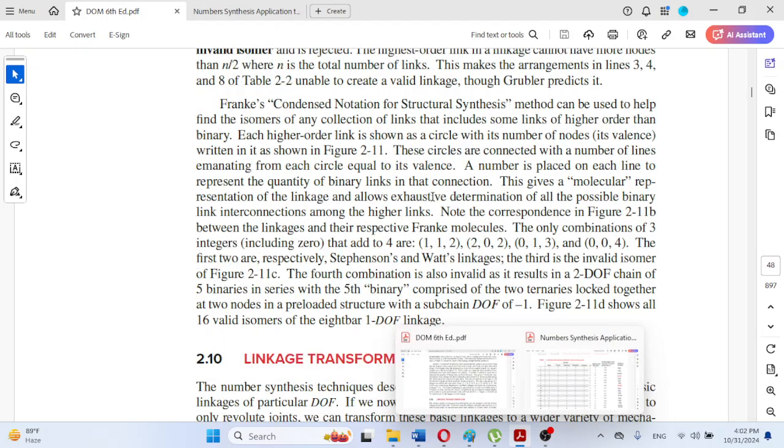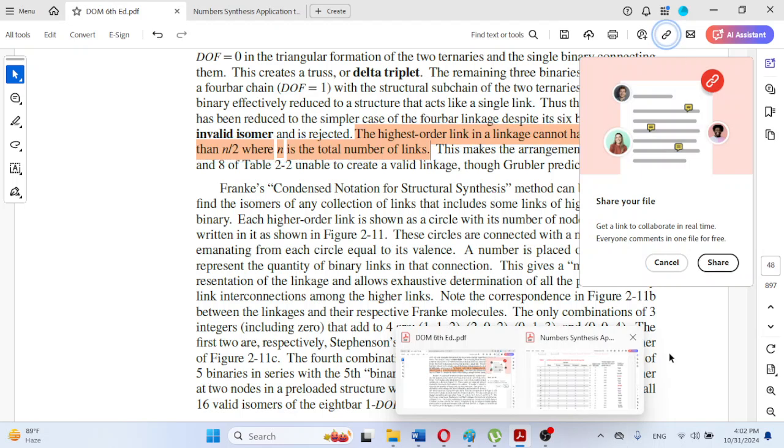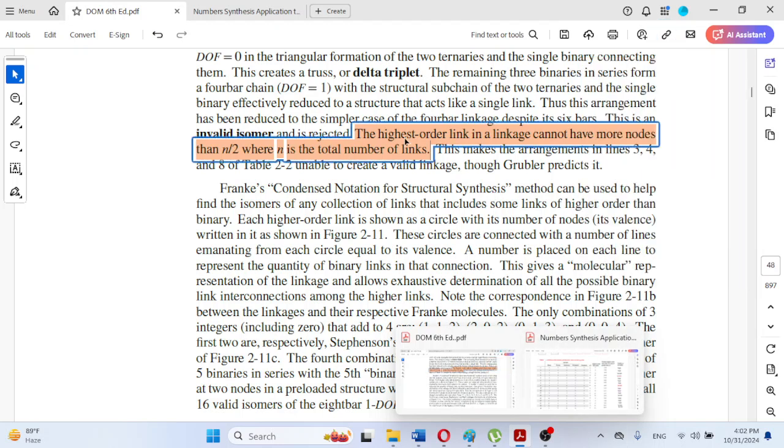He has written that the highest order link in a linkage cannot have more nodes than n by 2, where n is the total number of links in that linkage.